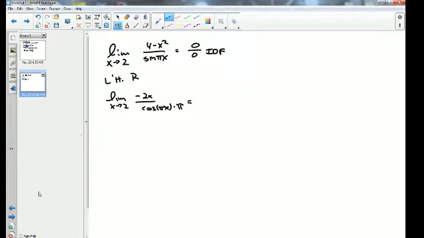And then plug and chug. Negative 4 over cosine at 2 pi, which is 1, and just leave it like that. Negative 4 over pi. The denominator is cosine pi x times pi.